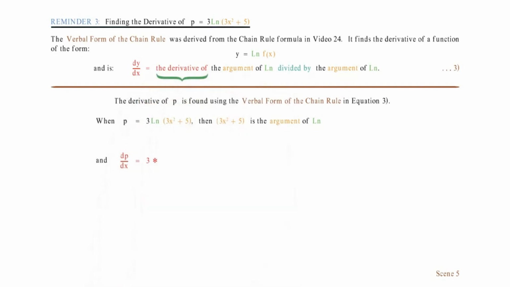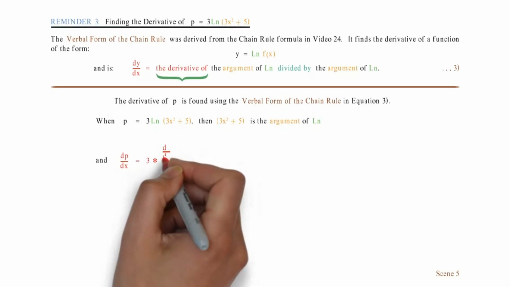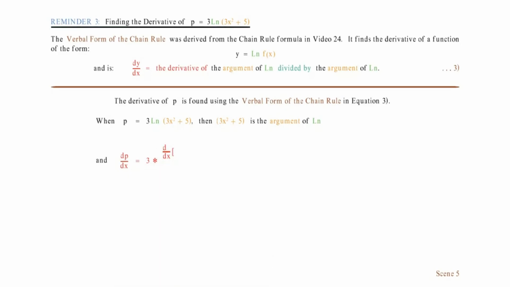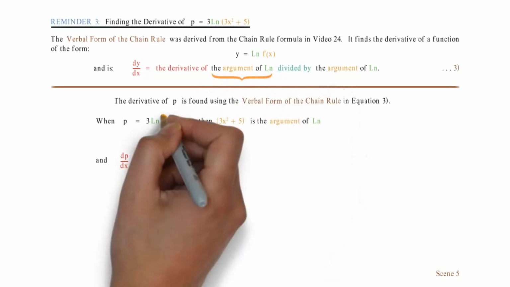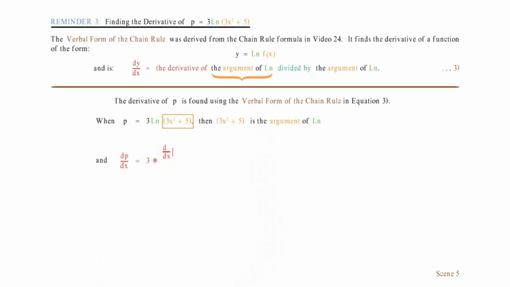The derivative of is d by dx of the argument of ln, which is 3x squared plus 5, so substitute.